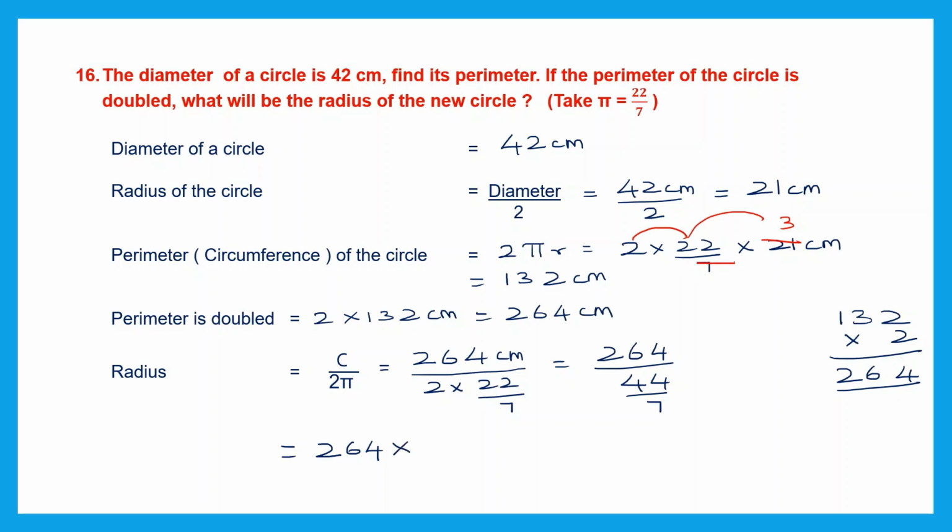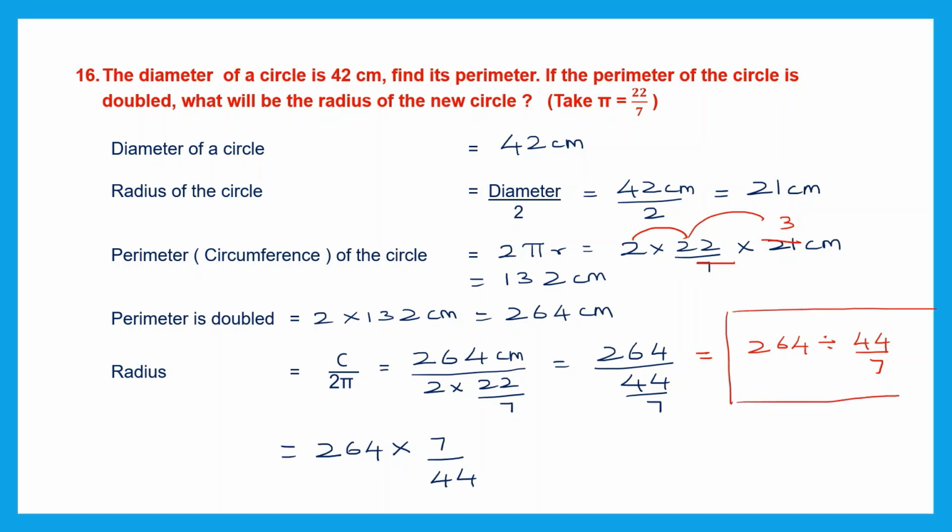Division changes to multiplication. 44 by 7 becomes 7 by 44. I hope you understood how I got this here. Let me just do it in the working column for you. Now this same thing is 264 divided by 44 by 7. I have just put it in a slightly different way. Okay. Now this is what I have shown here.